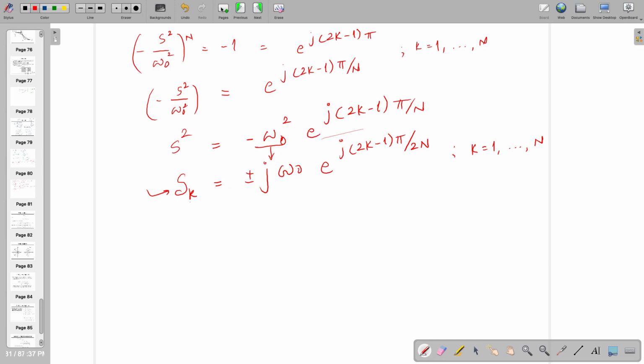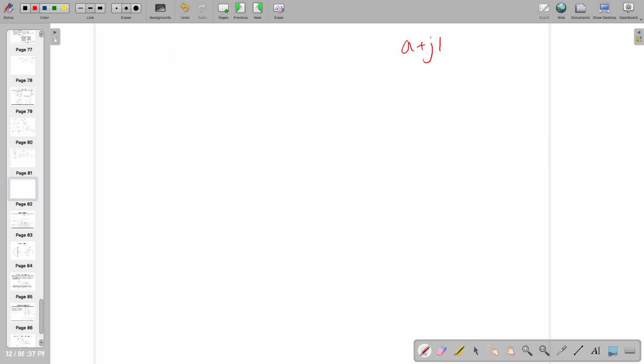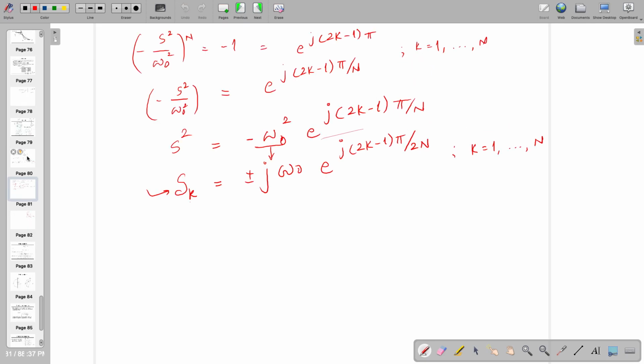If you remember, a plus jb can be written in terms of real and imaginary parts. You know the angle, so I'm writing in terms of angle.